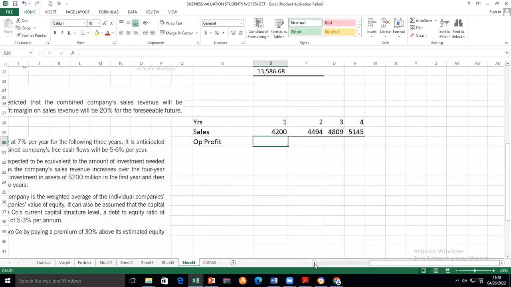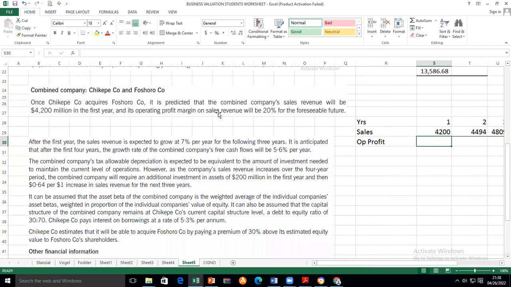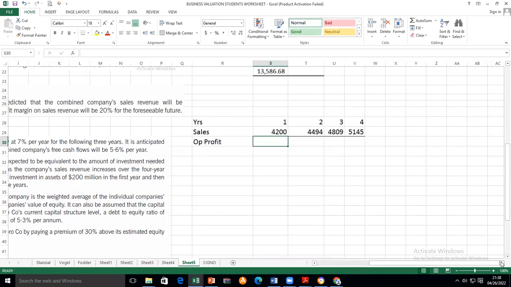What is the operating profit margin? 20%. That's the operating profit margin. Okay. Then your usual follows.